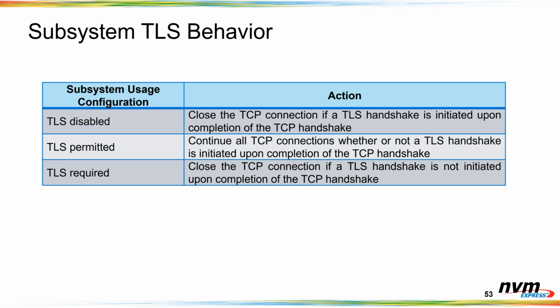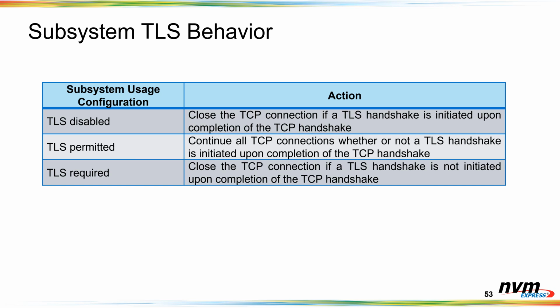So let's look at what this means on a subsystem. If I configure a subsystem with TLS disabled, the subsystem will close a TCP connection if a TLS handshake is initiated upon completion of the TCP handshake. Means I don't accept a TLS handshake. If TLS instead is required, then the action will be to close the TCP connection if a TLS handshake is not initiated upon completion of the TCP handshake.